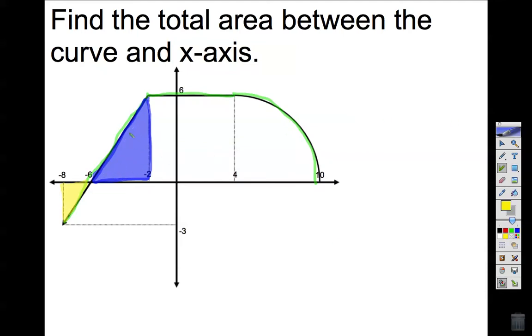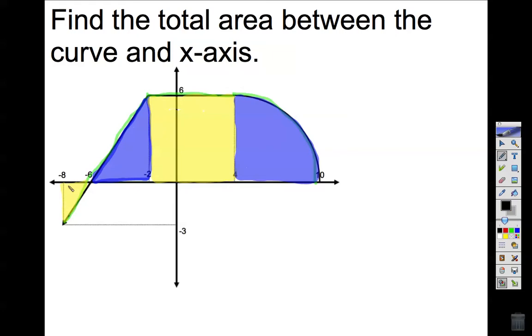We also have, and I'm going to kind of repeat these colors, this rectangle for sure, right? We don't know if it's a square or not at the moment. And then last but not least, this last quarter circle. So we have a total of 4 areas that I'm going to find.